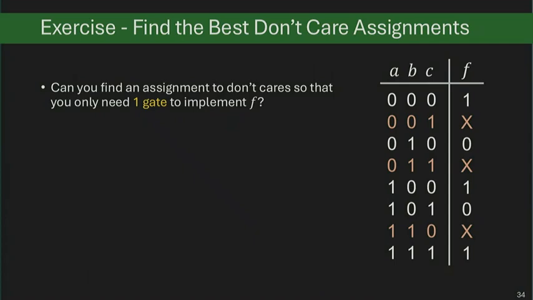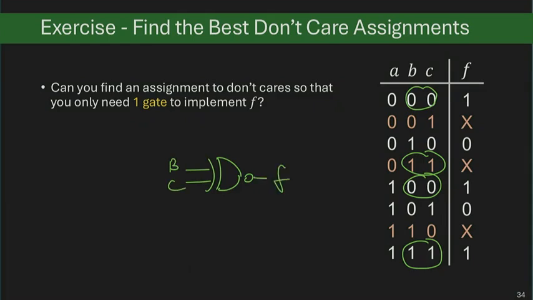So the function will produce a 1 when B and C are 0, 0, and 1, 1. And this 1, 1 is like a don't care case. Right? So I could say that whenever B and C are the same, when B equals C, I let my output be a 1. And that is an XNOR gate between B and C. The equality gate producing the output function.